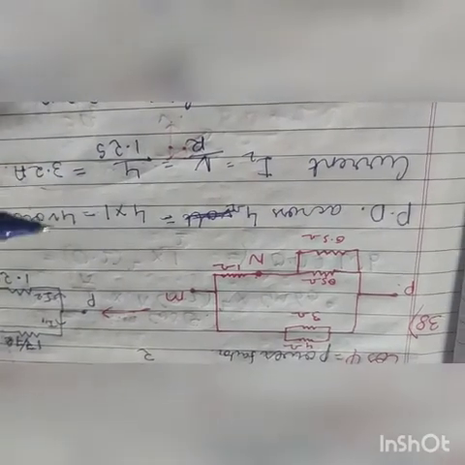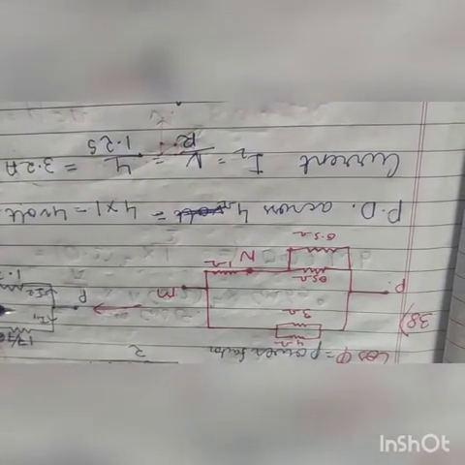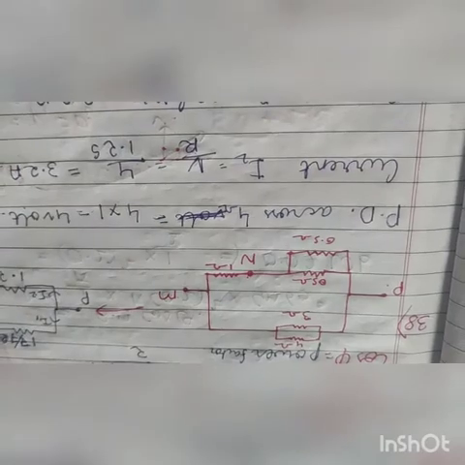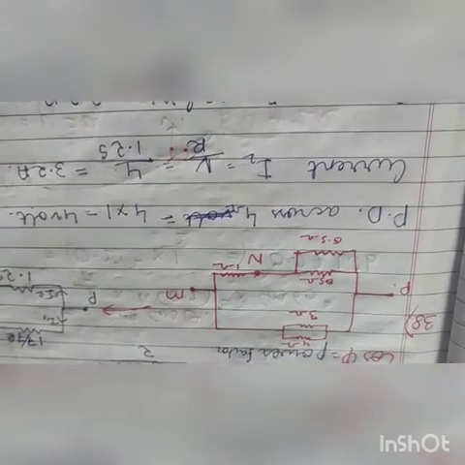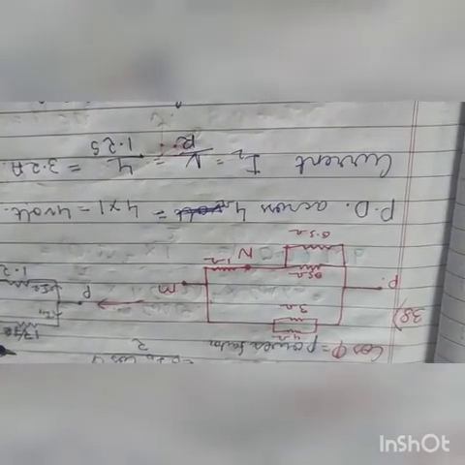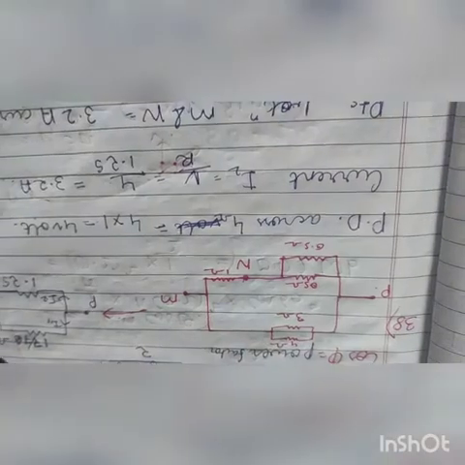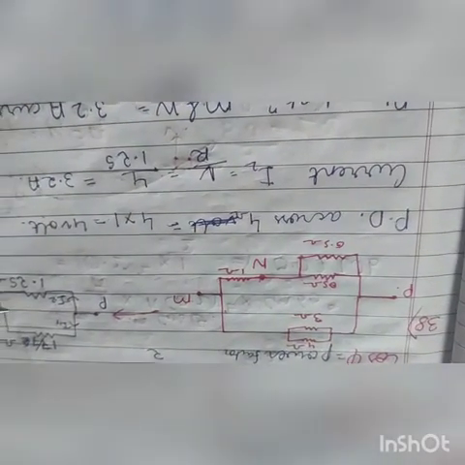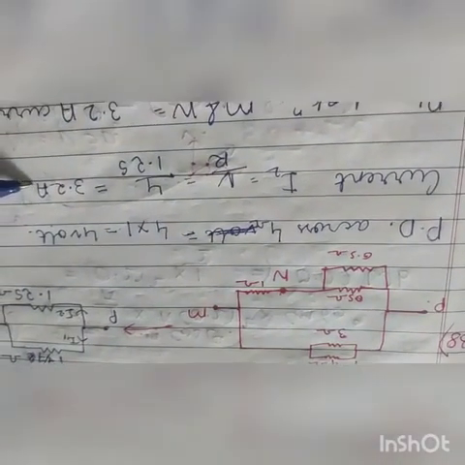4 is the voltage. As we know, in a parallel connection the voltages are the same. So the voltage across 4 ohm will be the voltage across 0.5 ohm, 0.5 ohm and 1 ohm. So it comes out to be 3.2 ampere.